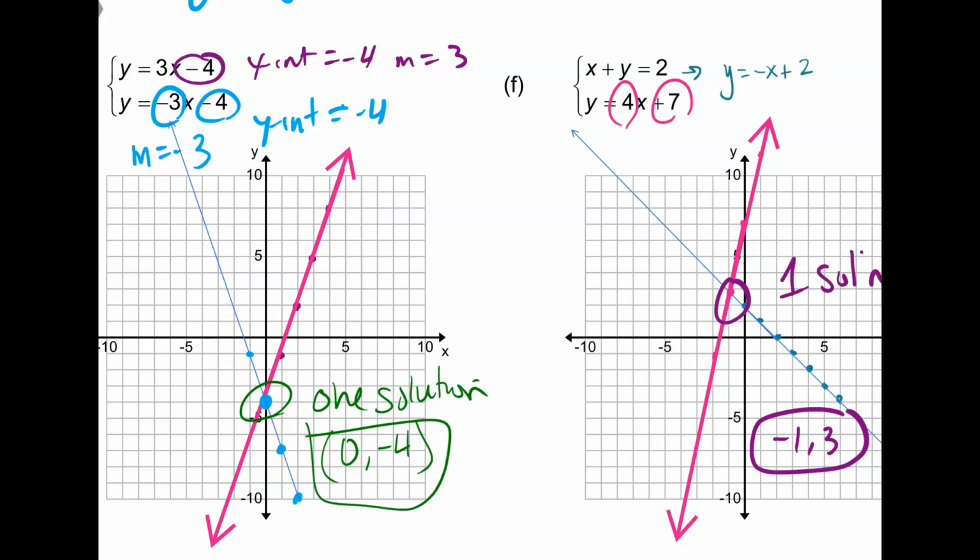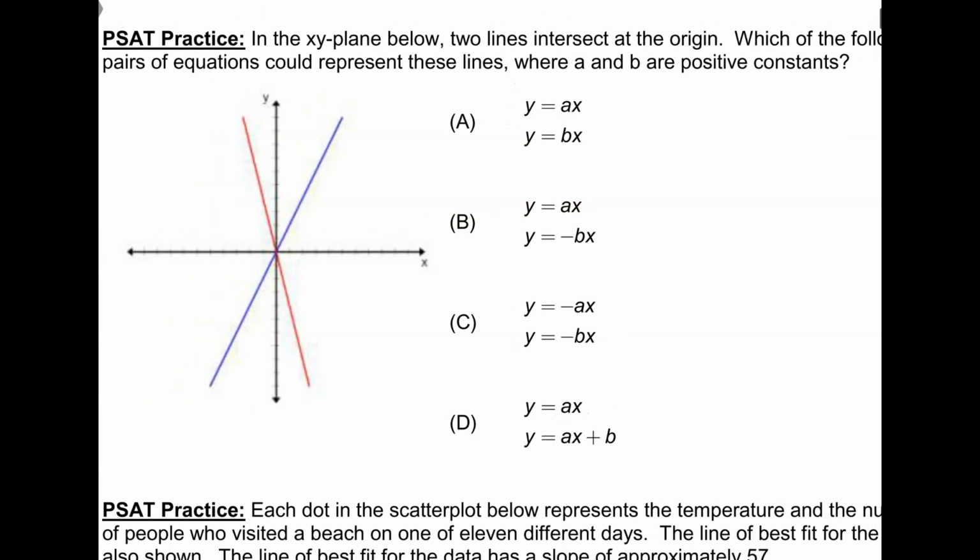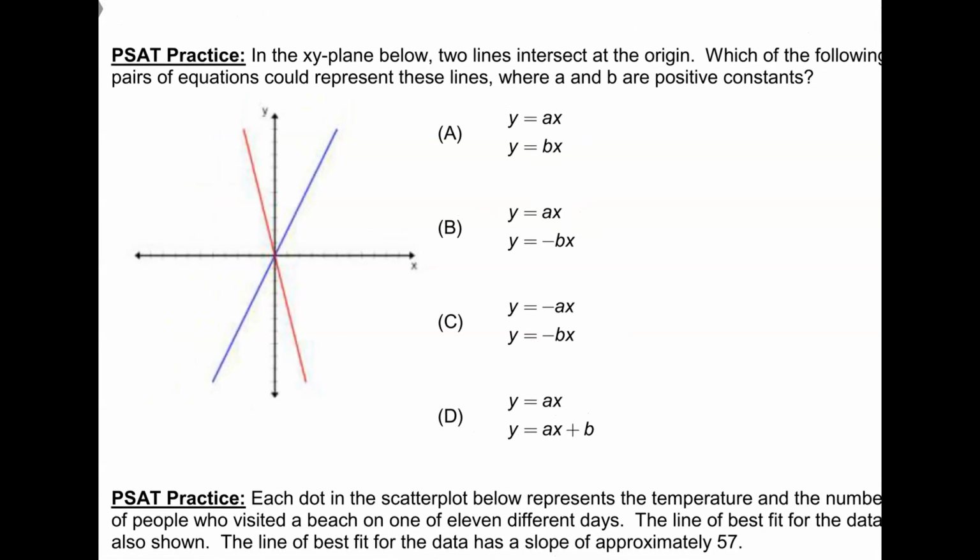Cool. Alright, so okay, I think everyone's done. So, SAT practice. In the XY plane below, 2 lines intersect at the origin. Which of the following pairs of equations could represent these lines where A and B are positive constants?